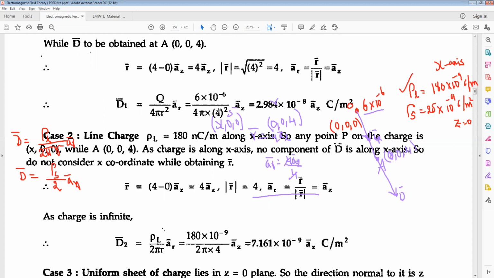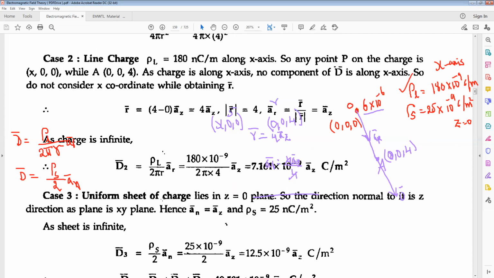You can substitute directly here r as 4. Here the r is different, and its value is 4 only. 180 to the power of minus 9 over 2 pi into r, into AZ bar, because AR bar is equal to AZ bar. The rho L is on the x axis, so the x component is eliminated.